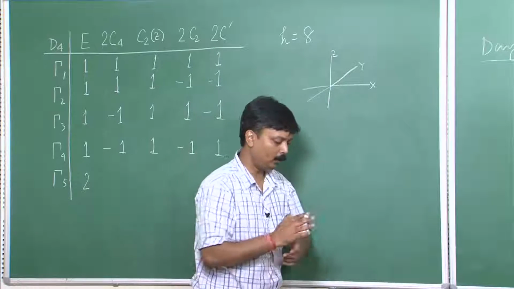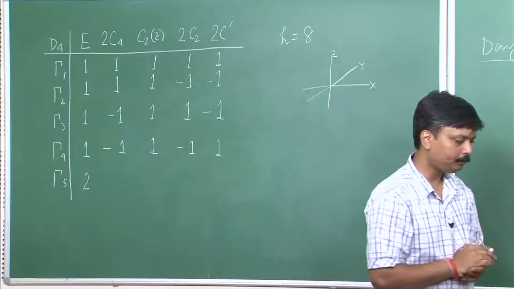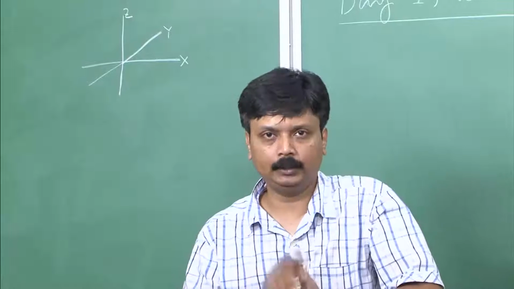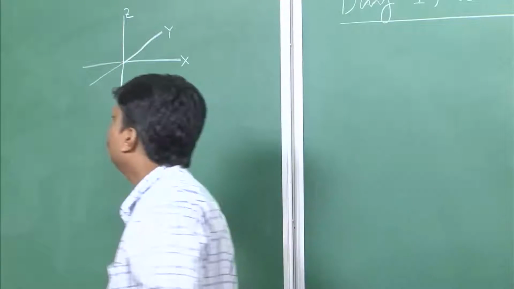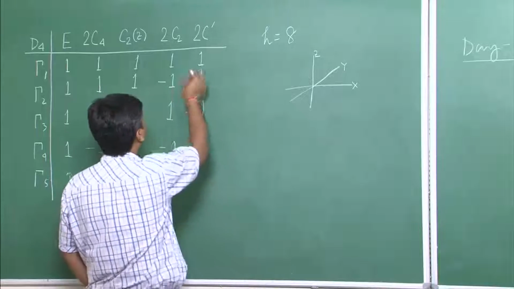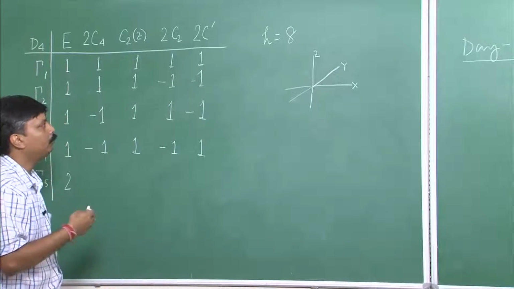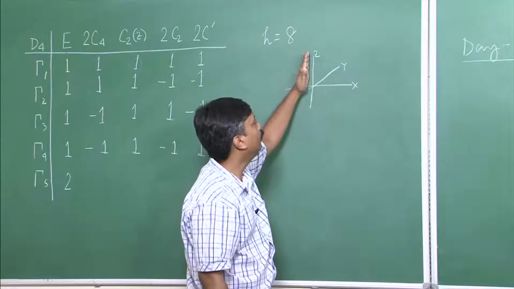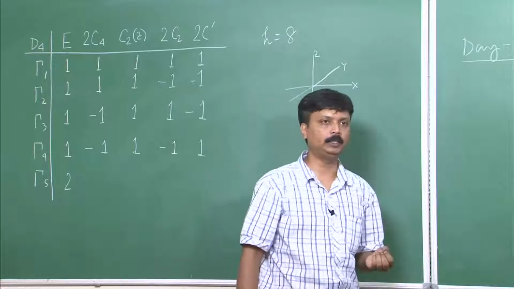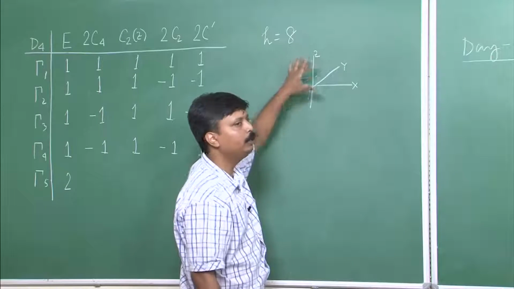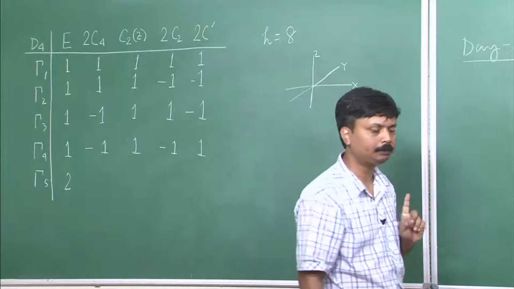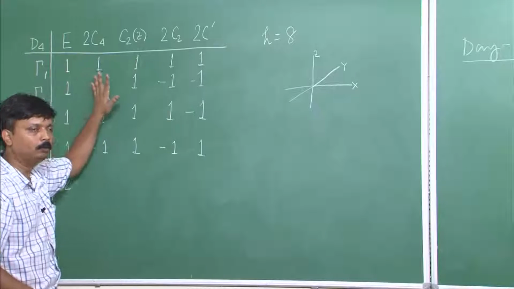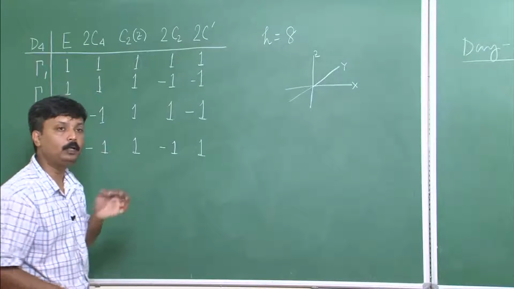One important thing is that the z axis remains unchanged under most of these operations, and whatever be the case, the z axis can independently form an irreducible representation, and therefore, this will give you a one-dimensional representation. One-dimensional representations for this particular group we have already found, and we are looking for the two-dimensional representation.